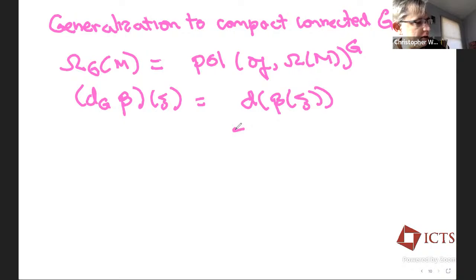I'm going to change the sign here. So this is a minus sign. This is just a convention. Minus, so then I contract the generating vector field for c into beta of c.